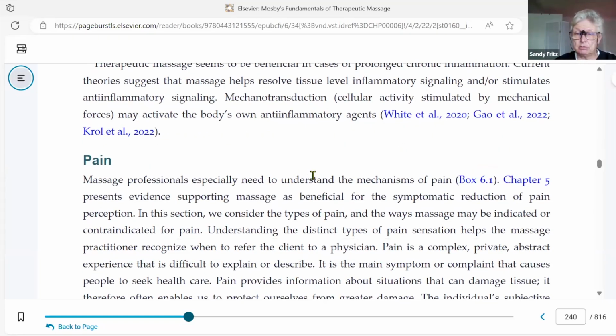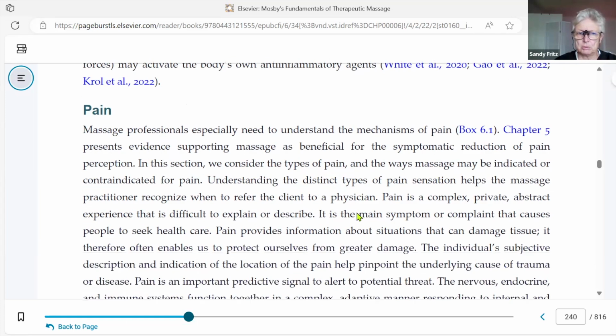A manifestation of inflammatory response is pain, but you can have pain and not necessarily have an underlying inflammatory process. Pain can be productive. It can be an indication of potential danger, but it also can be non-productive, and it can change the nervous system and become almost habituated.